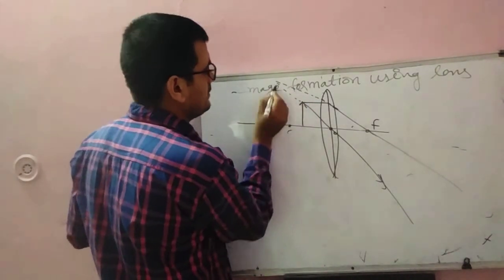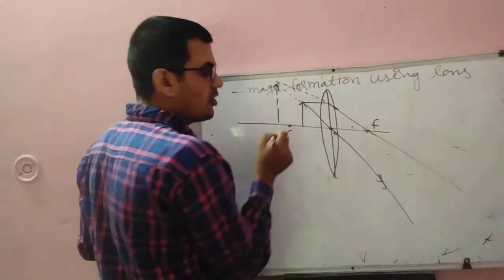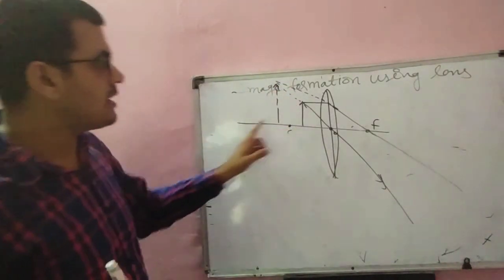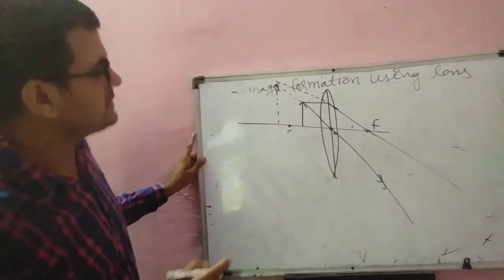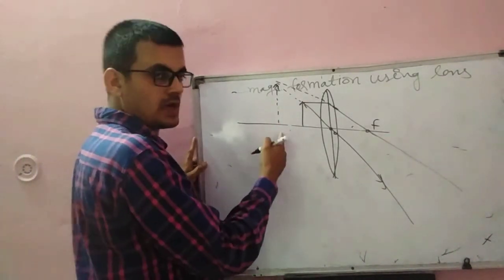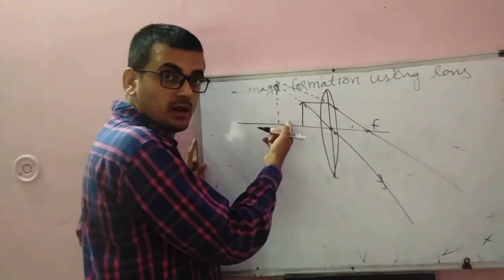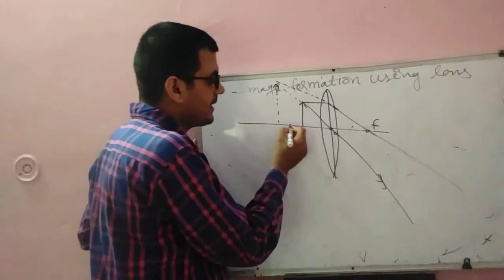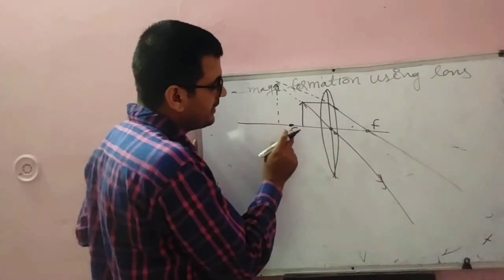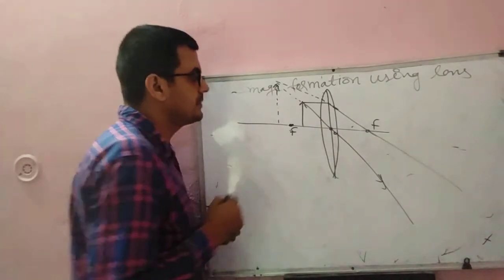This is the only case in the convex lens where you will get a virtual image of the object. So the image will be erect, magnified, but virtual, when you have placed the object in between focus and optical center. Okay.